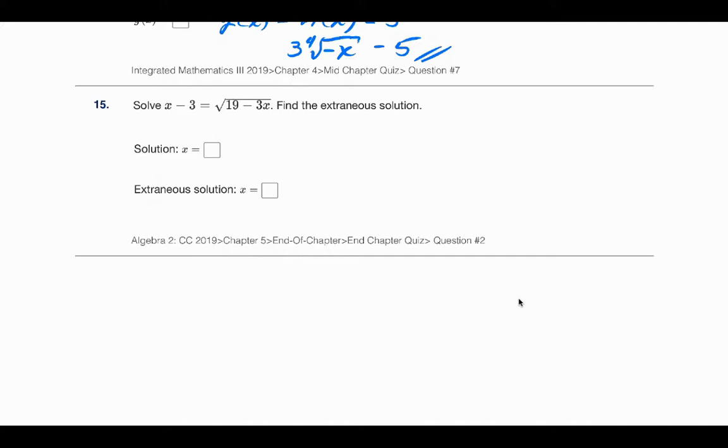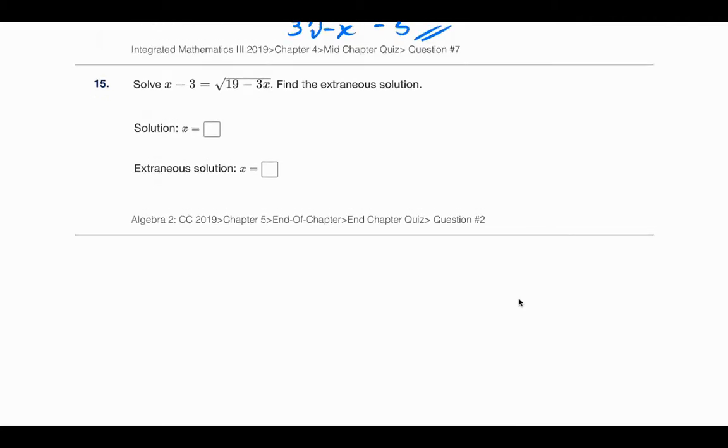And then it's going to say find the extraneous solution. So what this one here is doing, ladies and gentlemen, is trying to show you both of them. All right. So on this one here, I'm going to do it down here at the bottom for you because it's going to be the one that you're going to have to do the most work on.